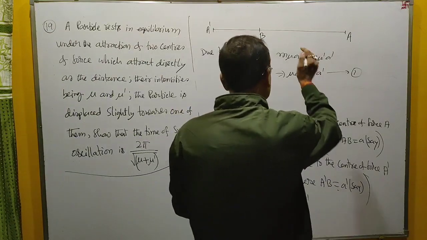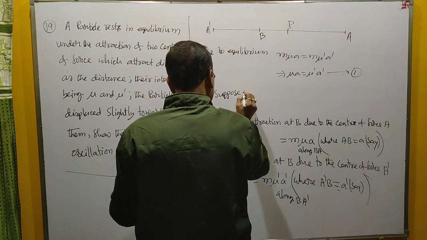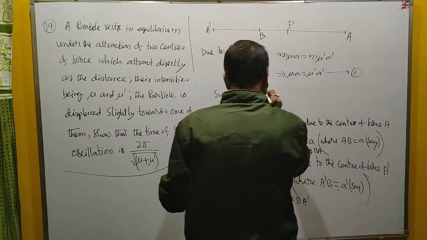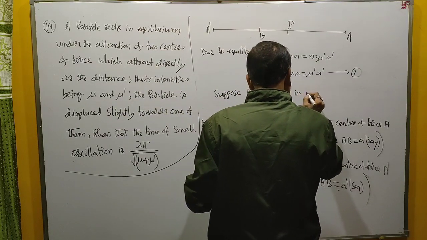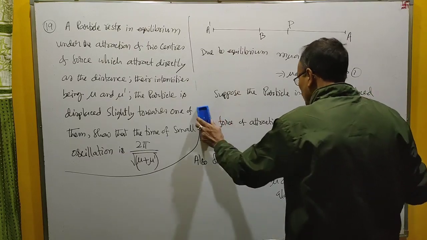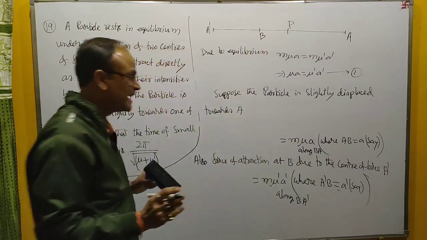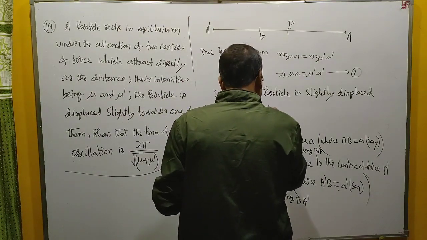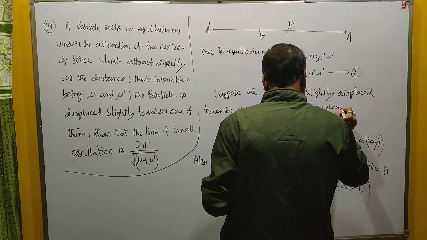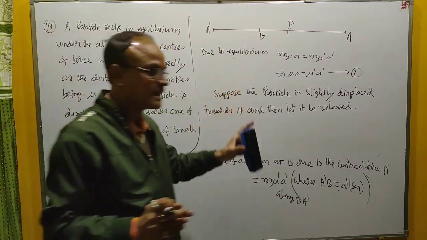Suppose the particle is at B in equilibrium, and it is slightly displaced towards A and then released.